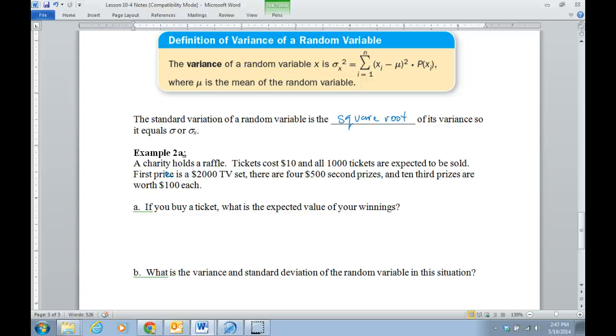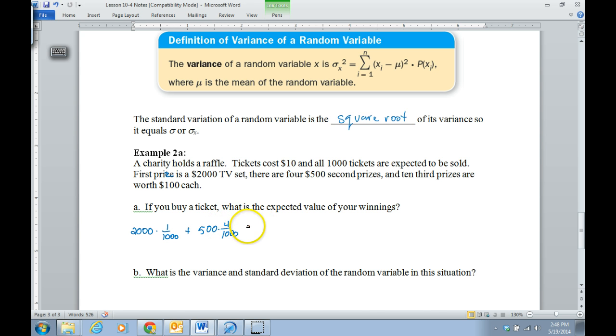Okay, so the first prize is $2,000, right? So 2,000, and what's the probability of drawing a $2,000 prize? 1 over 1,000. Plus the second prize is 500. So what is the probability of drawing a 500? 4 over 1,000, yep.